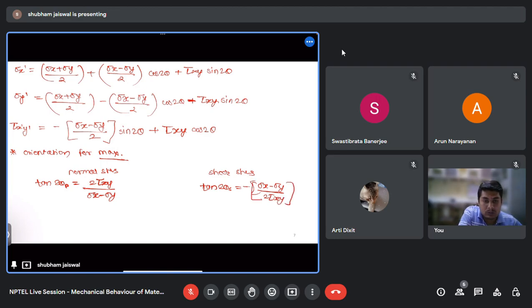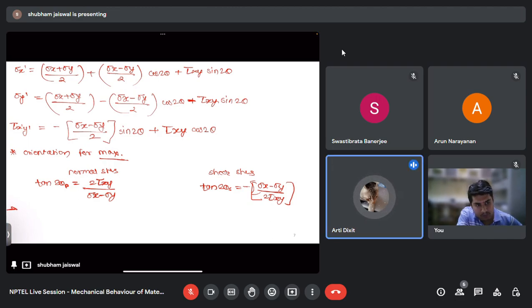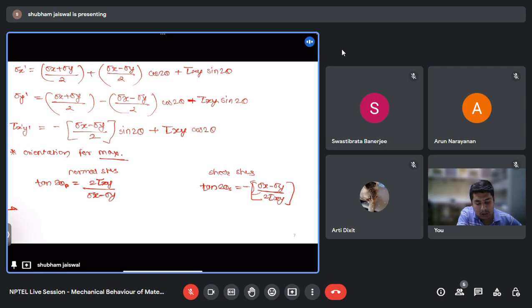Can you find out any relation between these two, the orientation for maximum normal stress and shear stress? These are perpendicular to each other. The planes of maximum normal stress and maximum shear stress are away by 2 theta equal to 90 degrees. That means theta will be equal to 45 degrees.